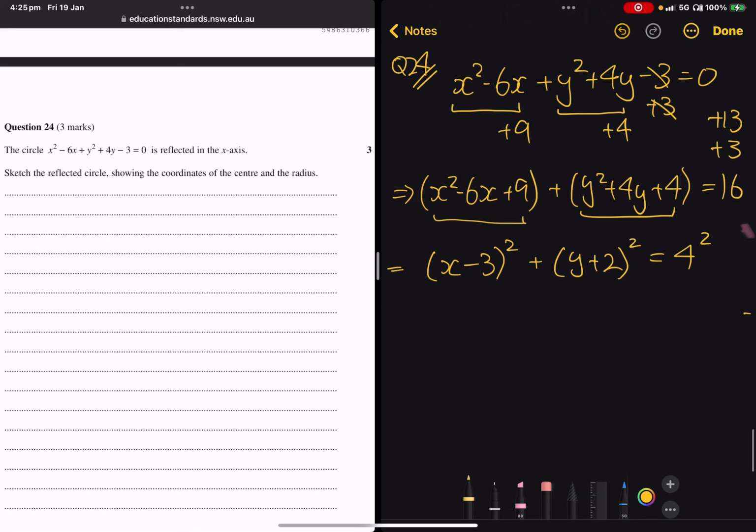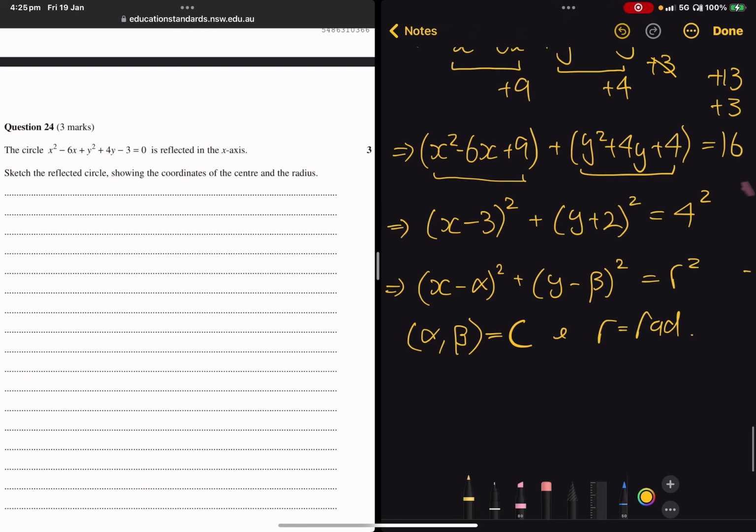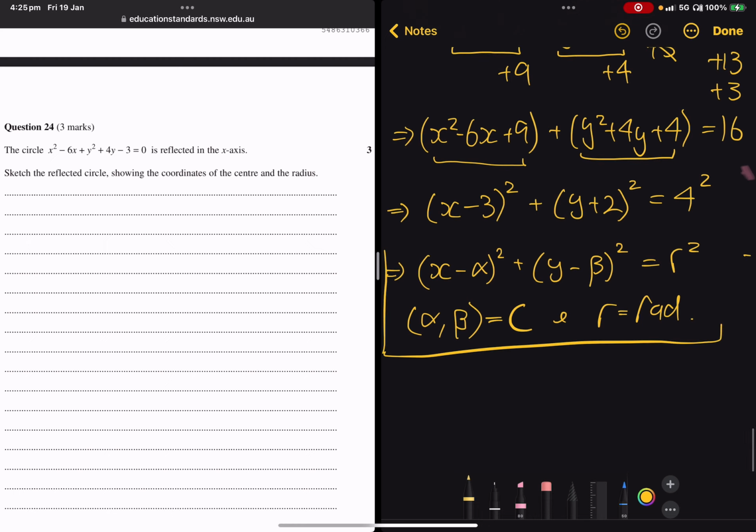Now a circle has the relational form x minus alpha squared plus y minus beta squared is equal to r squared, where alpha, beta is its center, and r is its radius. So here in our example, we can see this is the formula we're going to be using.